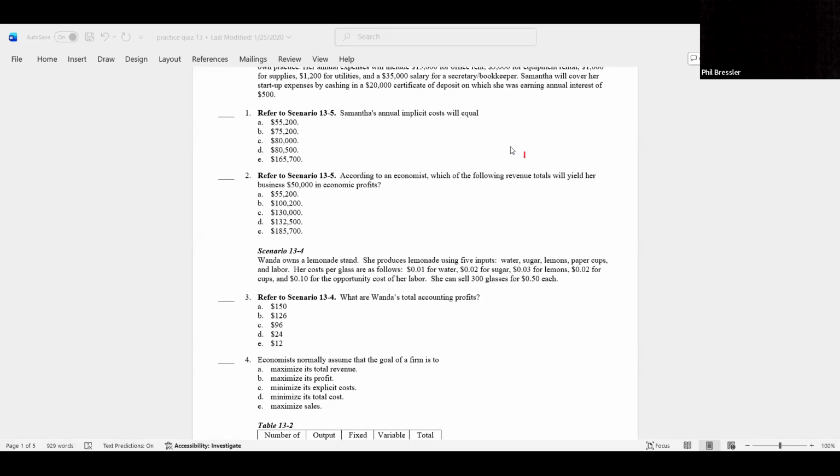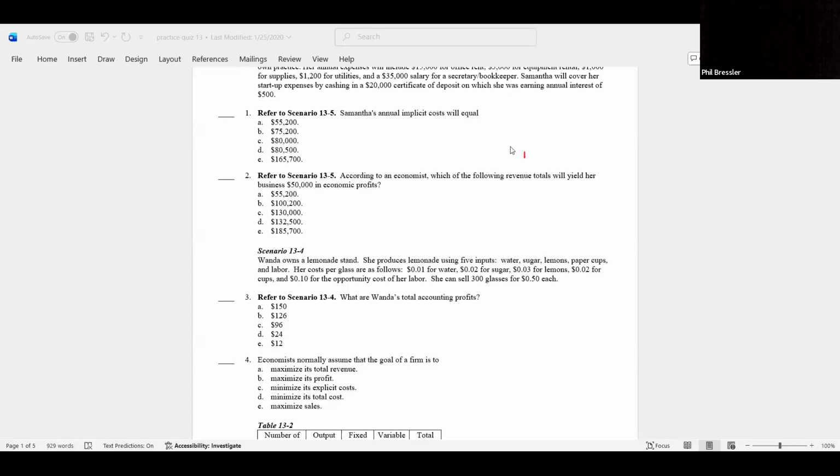Now, she could sell 300 glasses for 50 cents each. What is total revenue? Price times quantity. 300 times 50, total revenue is $150.